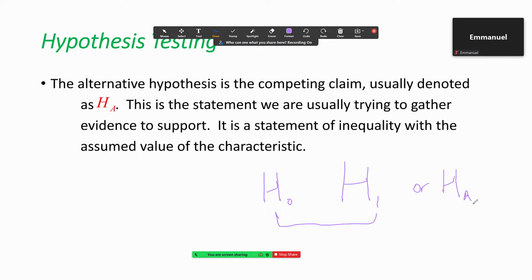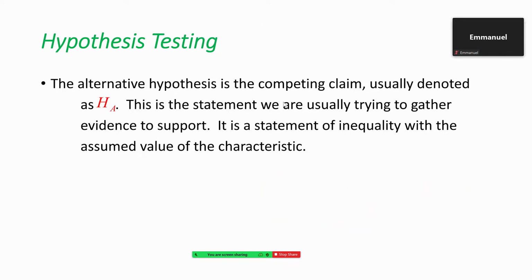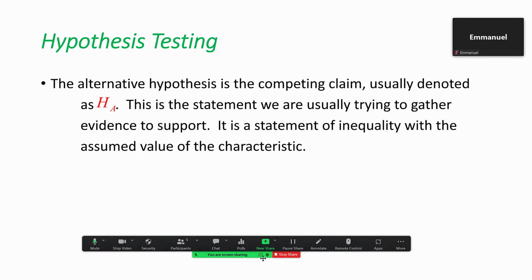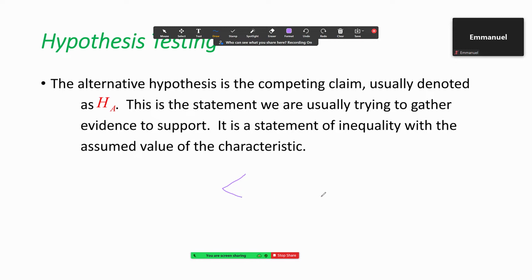A stands for alternate, though, and 0 means old. The alternate hypothesis is usually the claim we're trying to support. It has an inequality sign in it. So we will see less than, greater than, or not equal. Those are the ones we're looking for.